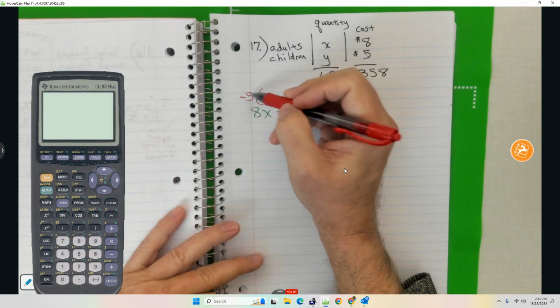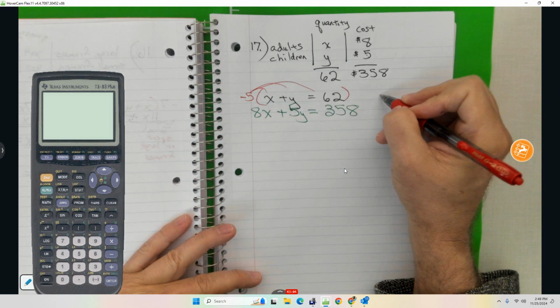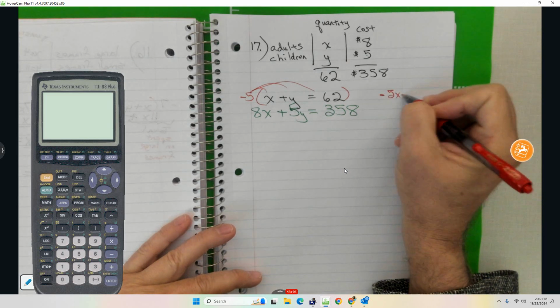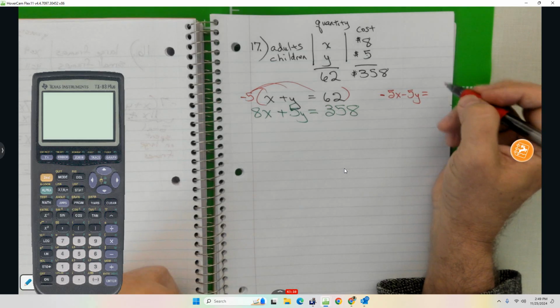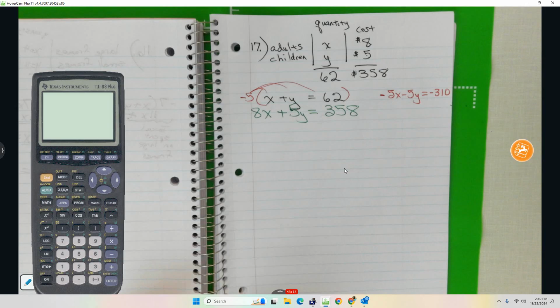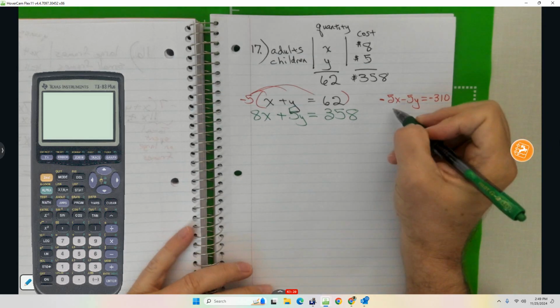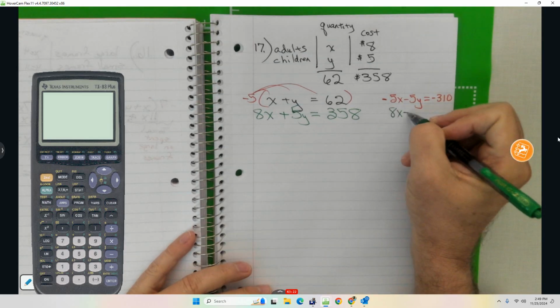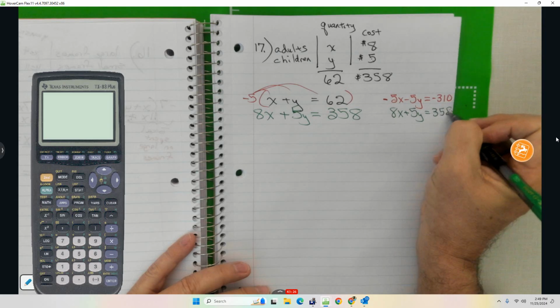So, we're distributing through the negative 5. That's going to give us a negative 5x minus 5y equals, is that a negative 310? Mm-hmm. The second equation will stay as is. 8x plus 5y equals 358.